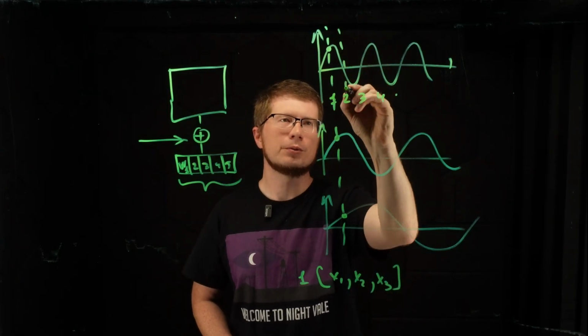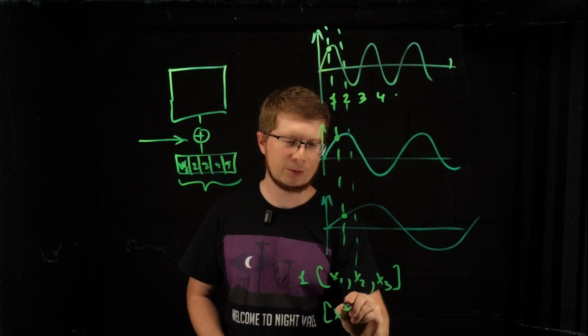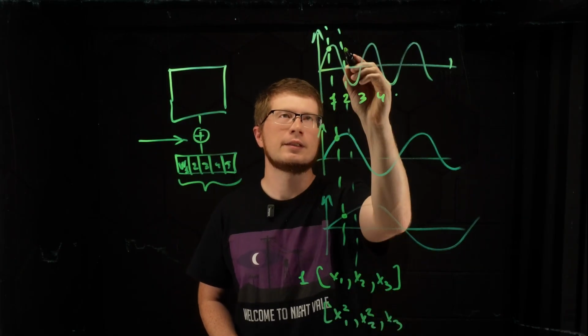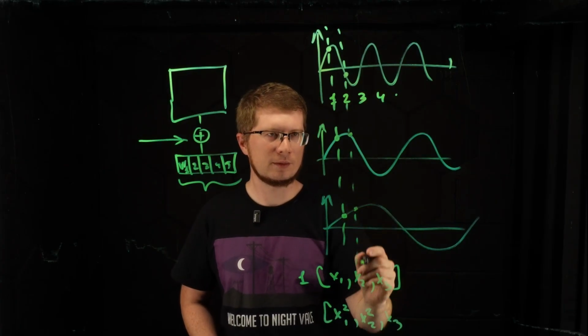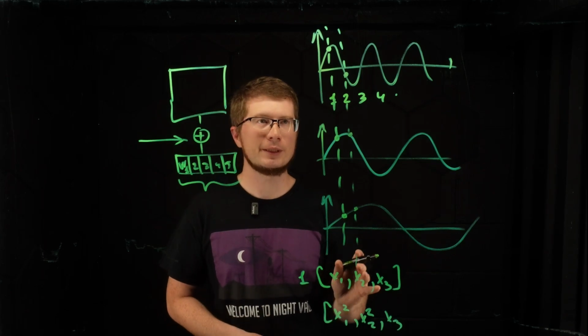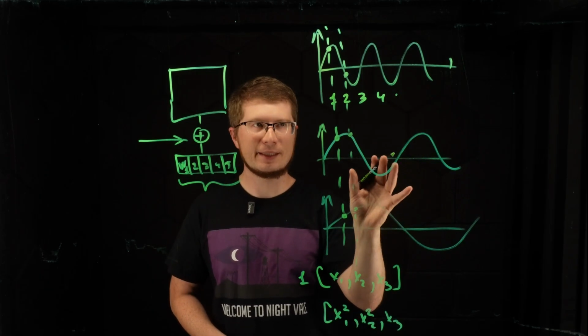And then for 2, it's going to be x21, x22, x23. Those values over here, and so on. When we use date and time encoding, we can actually replace the position with the exact time.